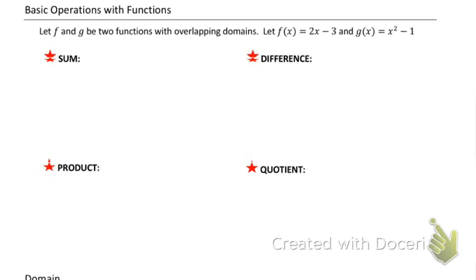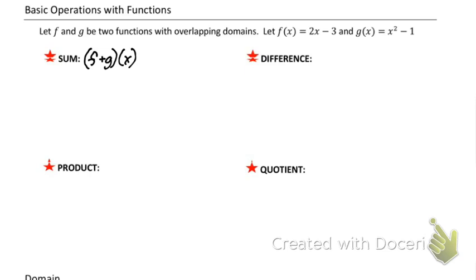Now, we're allowed to add functions together. That is called our sum of functions. And how I would indicate a sum of functions, we write it like this: f plus g of x. What that is actually saying is take function f, add it to function g with the input of x.